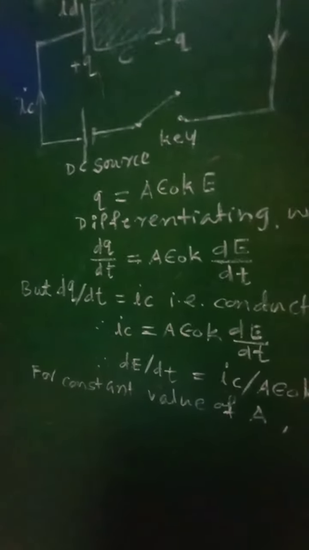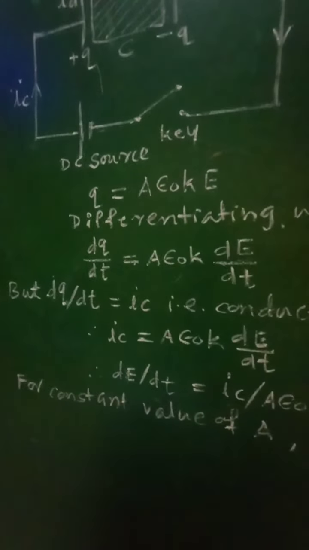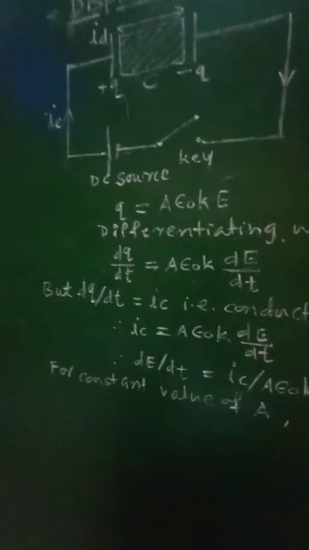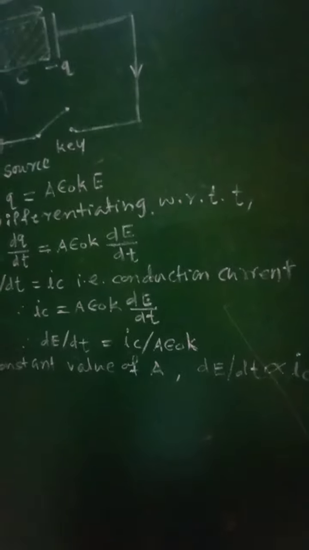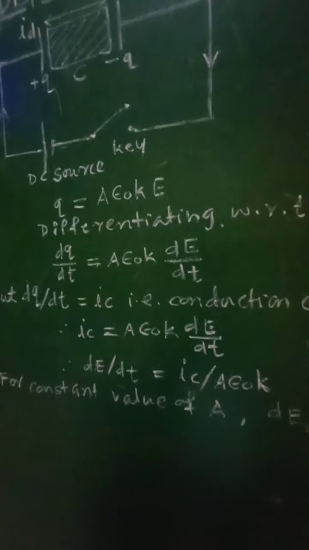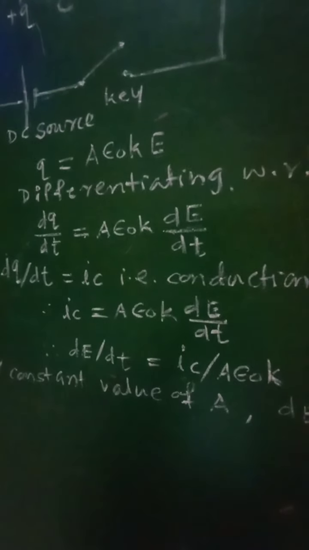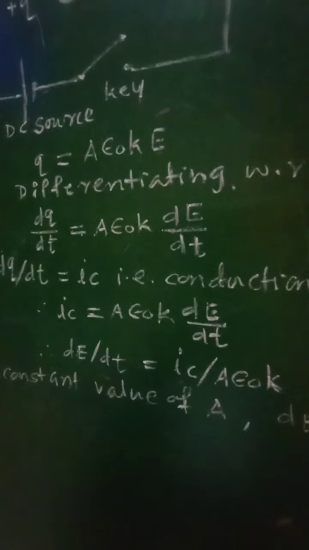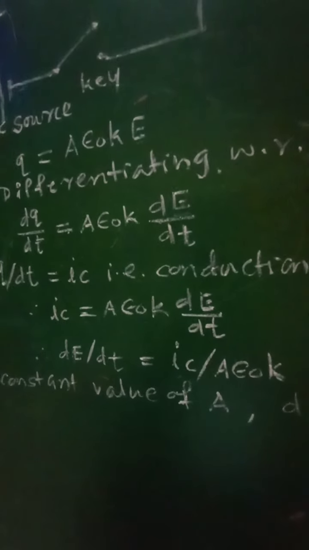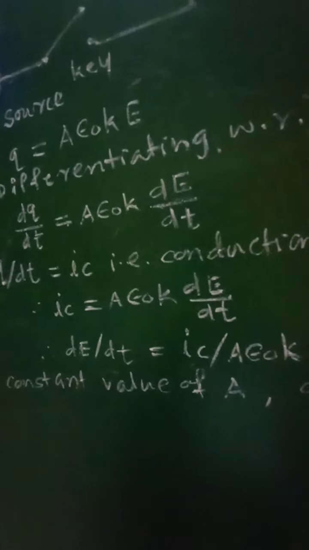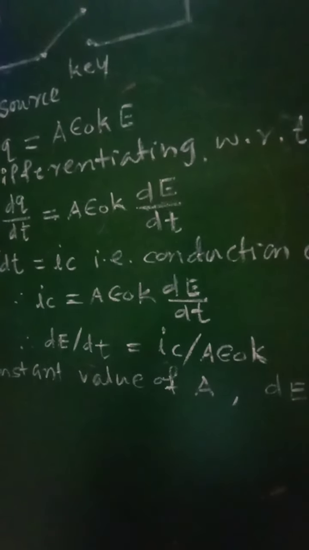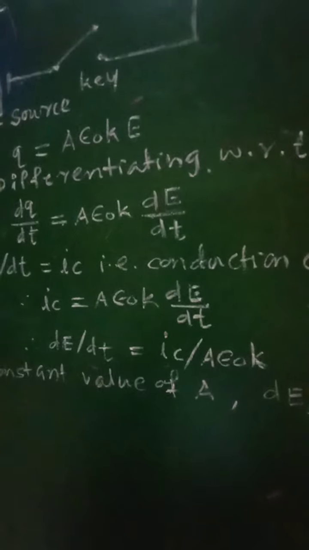Now dq by dt is equal to IC, the current due to the free electrons, called the conduction current. Therefore IC is equal to A epsilon 0 K into dE by dt, and from this dE by dt will be equal to IC upon A epsilon 0 K.